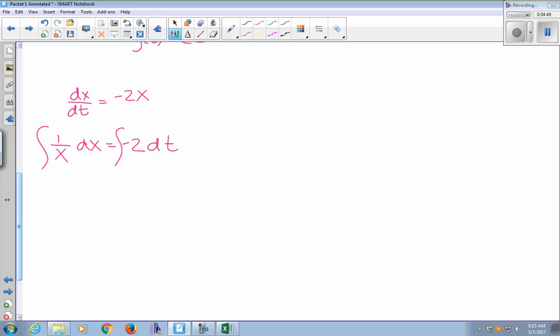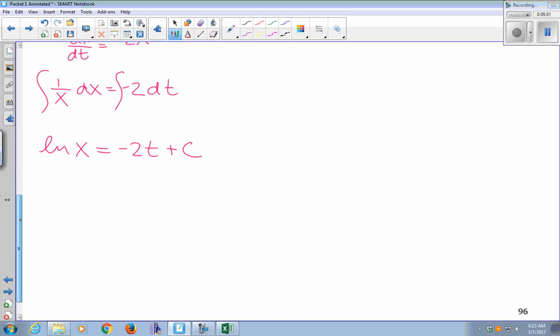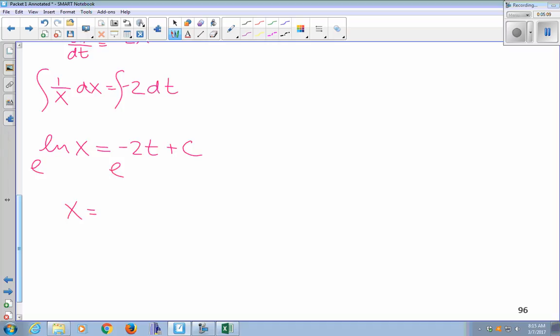Integrate. The integral of 1 over x is ln x. The integral of negative 2 dt is negative 2t plus c. And then to get the x by itself, you raise e to both sides. e to the ln of x is just x. e to the negative 2t plus c is e to the negative 2t times e to the c.